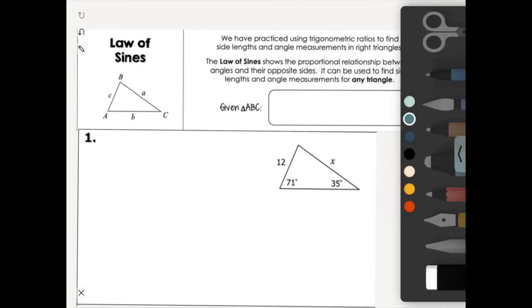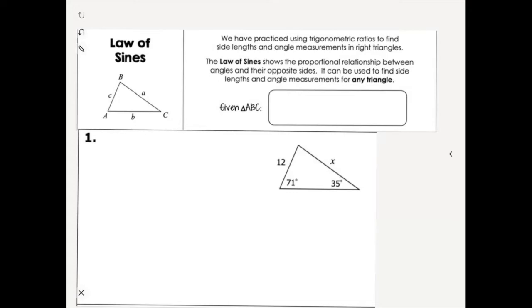So if we look at the left, we have triangle ABC, where capital A, capital B, and capital C are angle measurements, and the lowercase letters are side measurements. Looking at angle A, the side opposite angle A is lowercase a. So again, the law of sines is the proportional relationship between angles and their opposite sides.